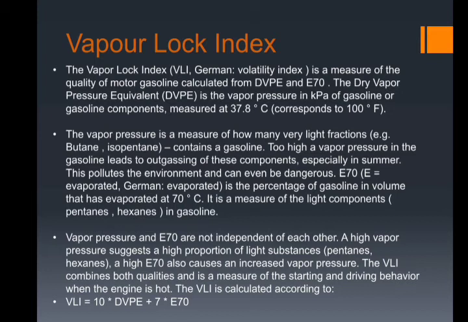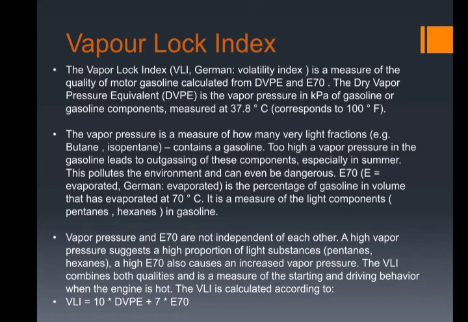The DVPE is the dry vapor pressure equivalent, which is basically the vapor pressure in kilopascals of gasoline or gasoline compounds, measured at 37.8 degrees Celsius, which almost corresponds to 100 degrees Fahrenheit.